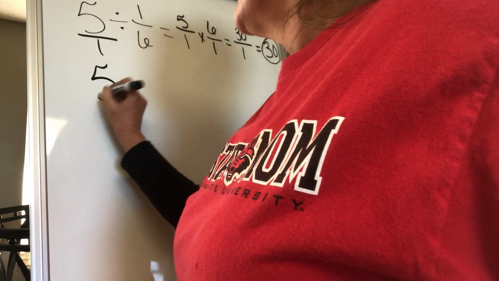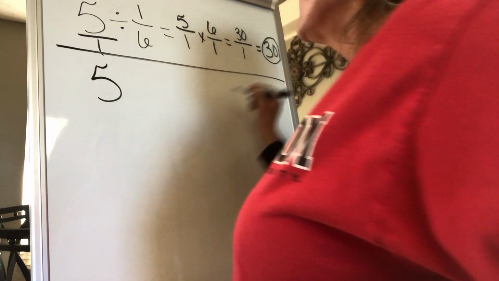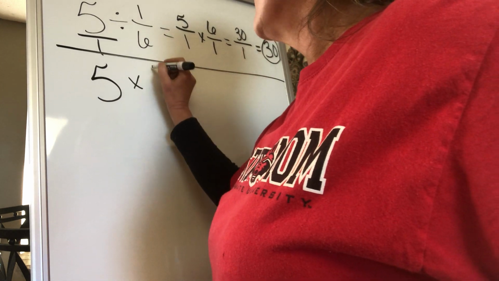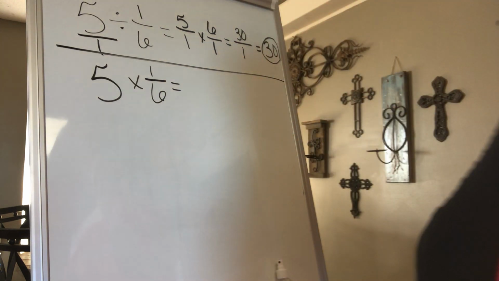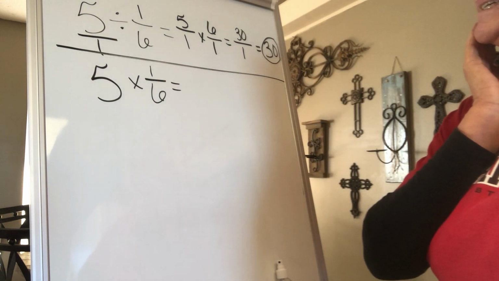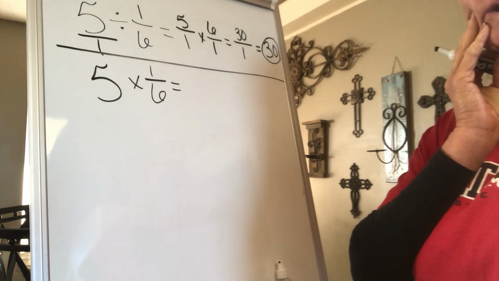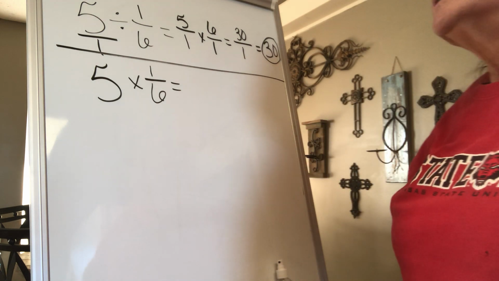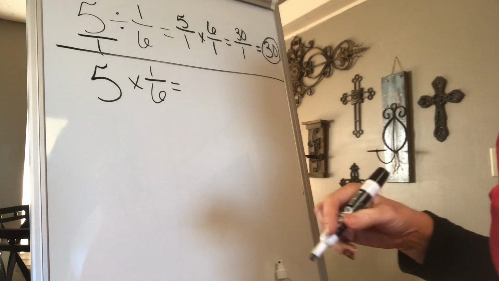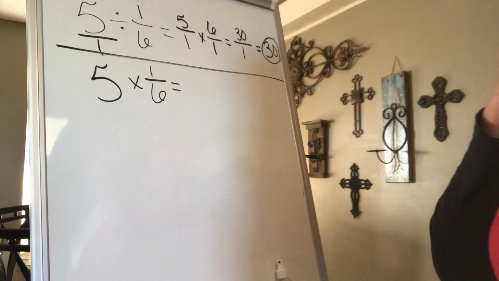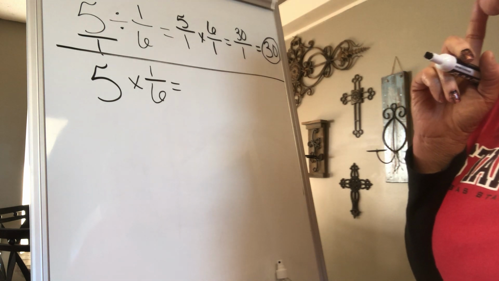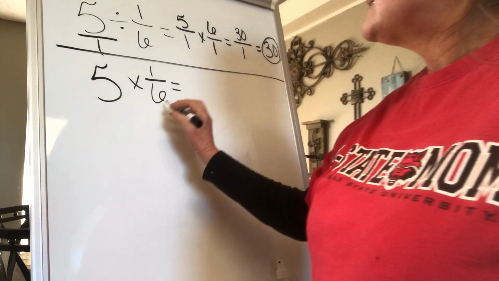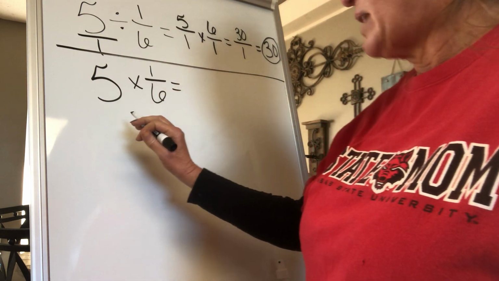On the next one, it gives us 5 whole ones, but this time it's saying that we are multiplying. Now, is multiplying by 1/6 the same as dividing by 6? No, that's not the same, is it? That's different. So when we're talking about mentally on this one, I know that I have 5 and I have 1/6 of 5.